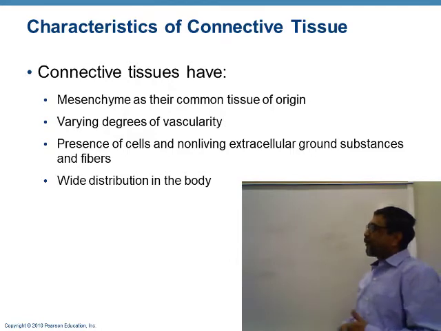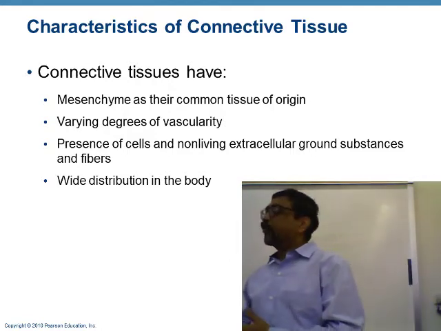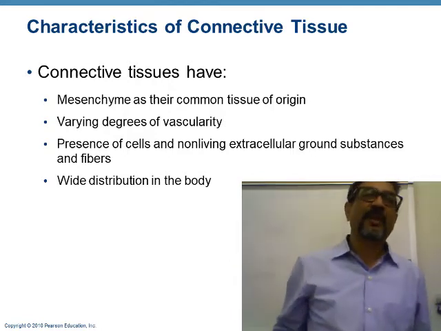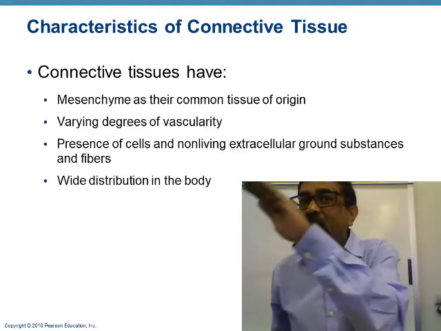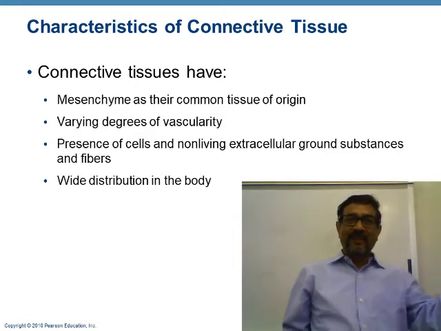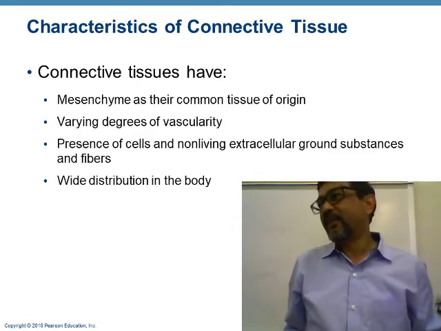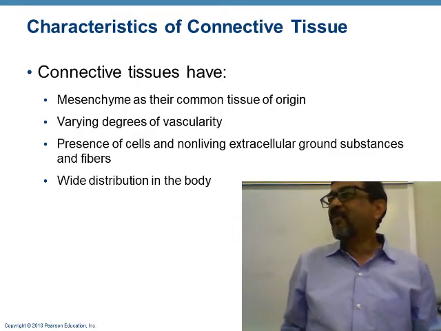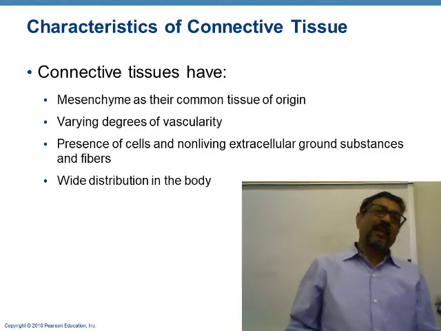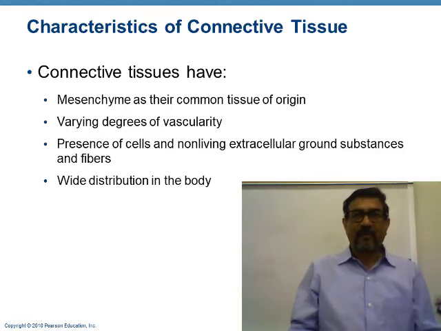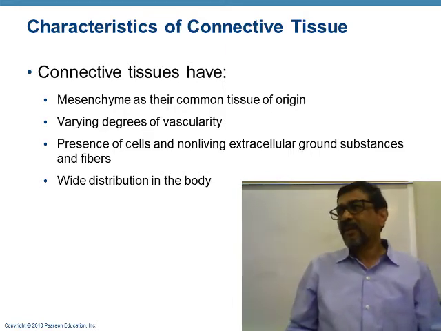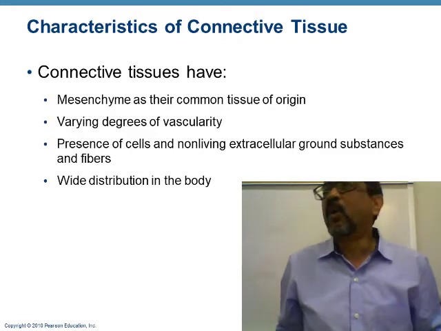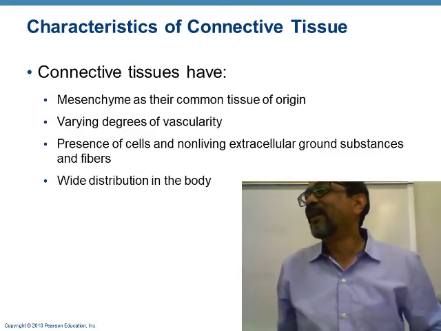Connective tissue has varying degrees of vascularity. You must remember epithelial tissue is avascular, no blood vessels, right? Connective tissue has blood vessels, but the amount varies. For example, in bone you have a small number of blood vessels.